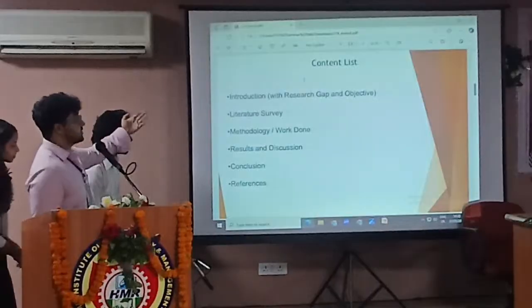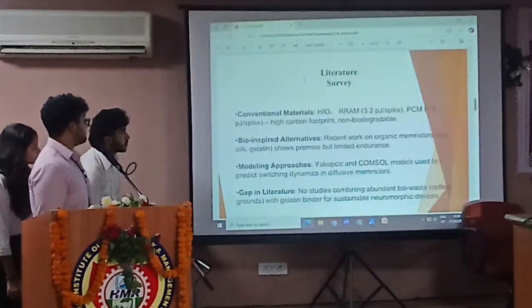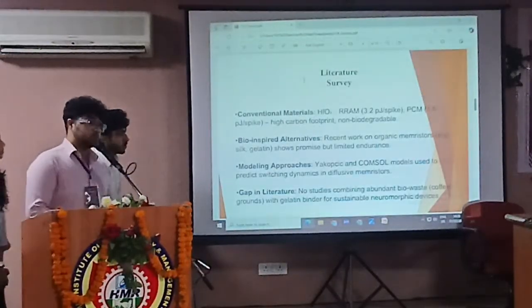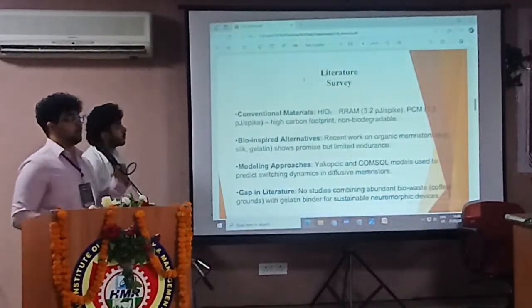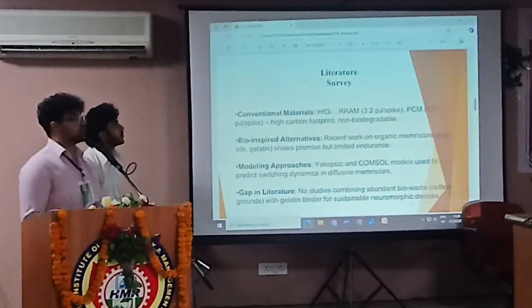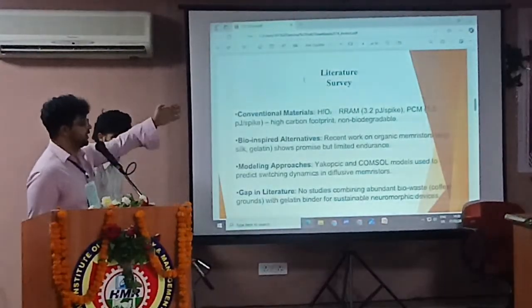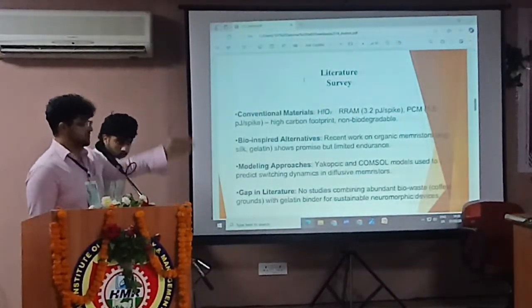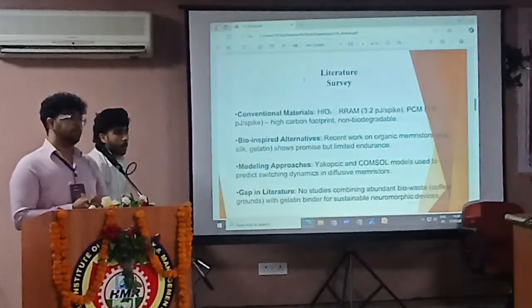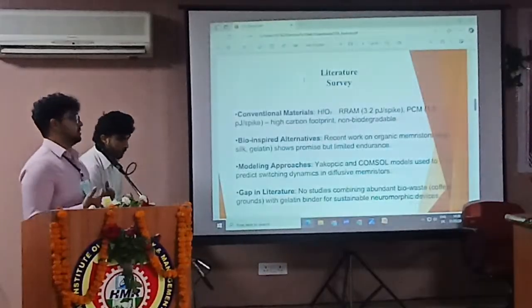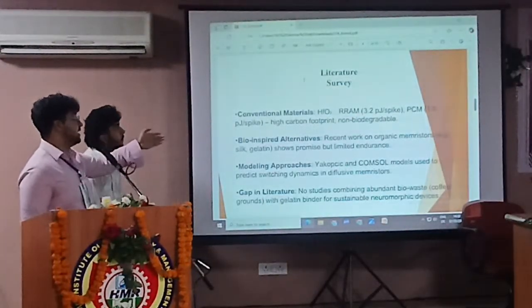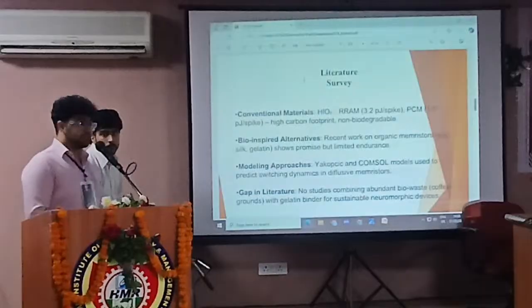Currently, this is the content list. So there's the literature survey. Conventional memristors are made of inorganic materials which take a lot of energy, 3.2 joules per spike, which is a lot compared to organic materials, which could later decompose. The HfO2 memristor is non-biodegradable.